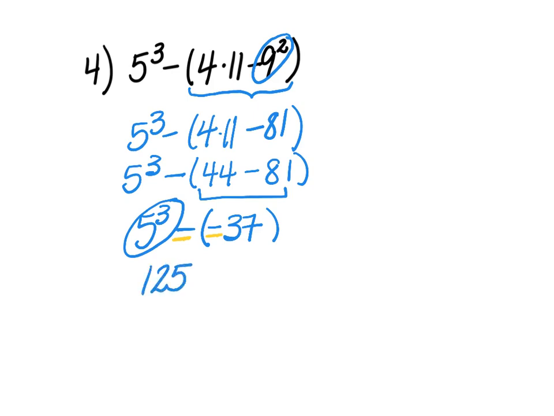So I have 125 minus a negative 37. Whenever you have this minus minus going on, that changes it into plus. When you subtract a negative, it makes it a plus sign. So my new problem is 125 plus 37, which gives me a result of 162.